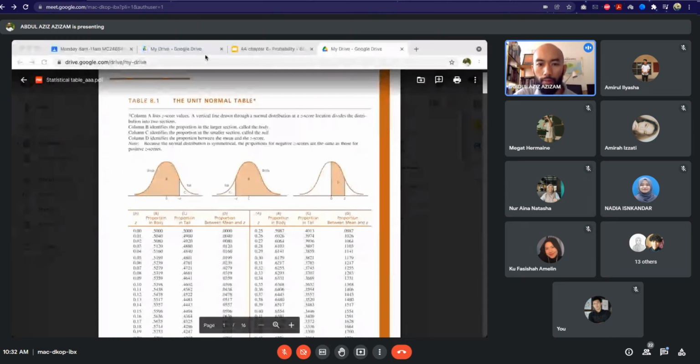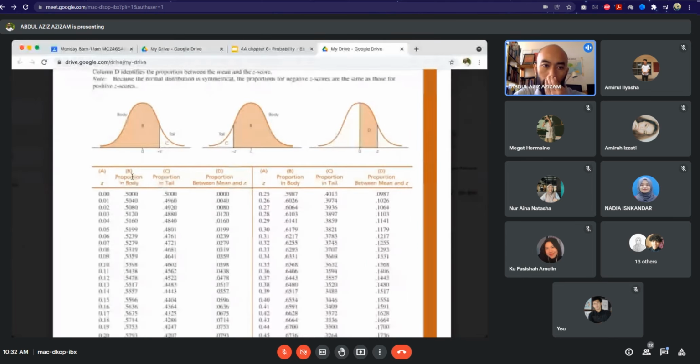Okay, unit normal table dia ada beberapa perkara yang you kena faham. Dia ada 4 kolom utama. Okay. Ni 4 kolom utama: 1, 2, 3, 4. Kolom A adalah Z score you. You kira you dapat z-score berapa. Ini adalah nombor z-score, okay, value untuk z-score.